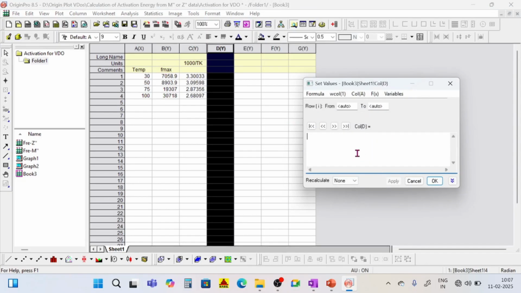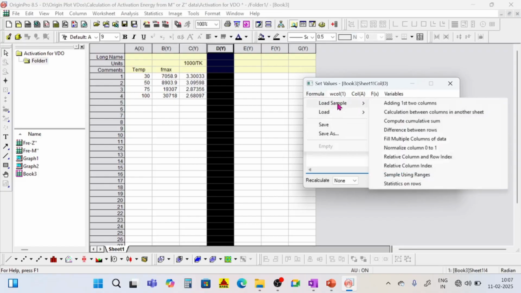Here you have to write ln, bracket start, column B, bracket closed. Bracket is most important here, right? Or you can consider this formula also.